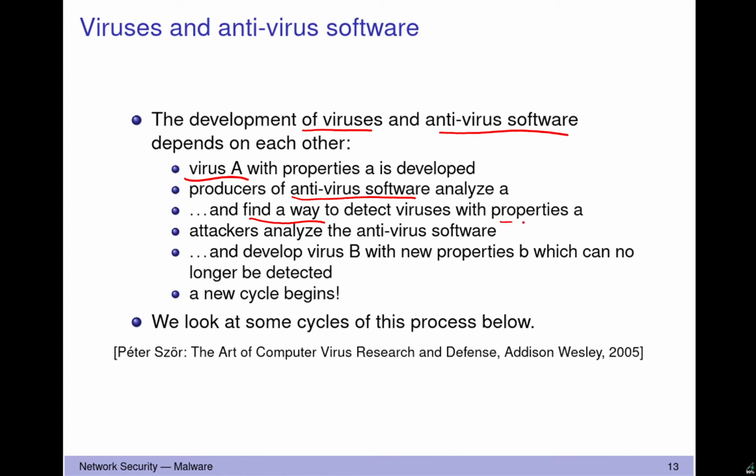So now at this point, the antivirus team is leading, and then again the attackers analyze the antivirus software. They look at what kind of signature it took from our previous virus. How should we modify our virus now so that it's not detected anymore? And then they develop a virus B with a modified signature so that it's not detected anymore, with slightly different behavior in interacting in the sandbox.